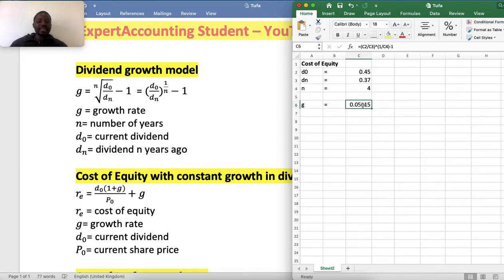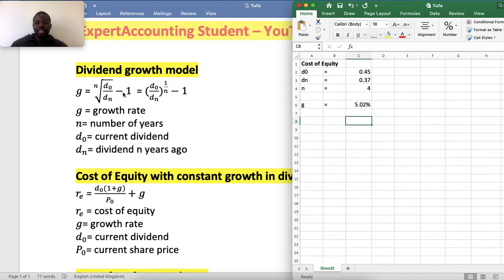So we get that percentage. If we reduce that to fewer decimals, we get 5.02%.